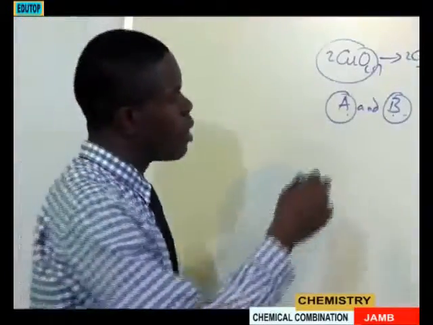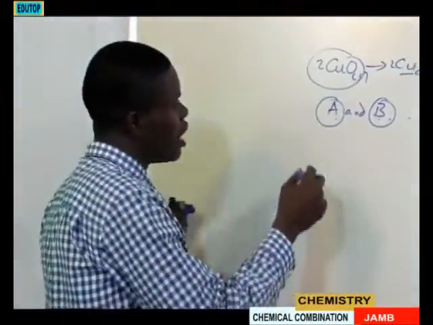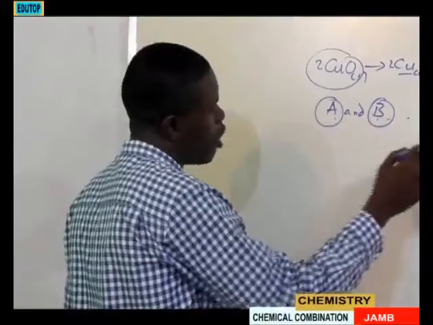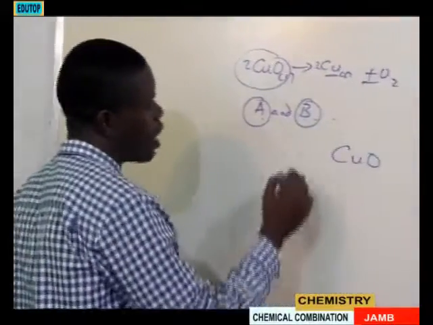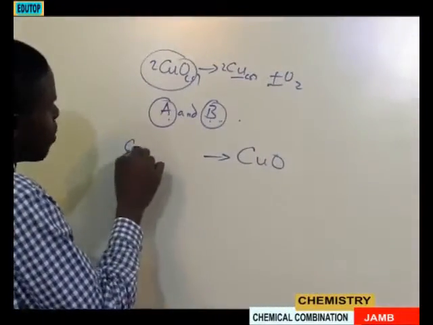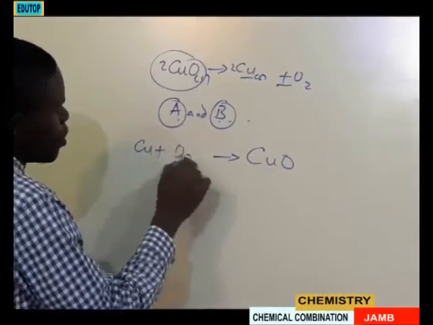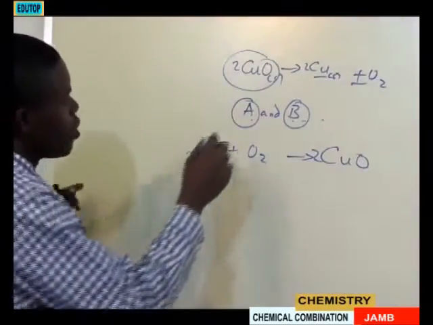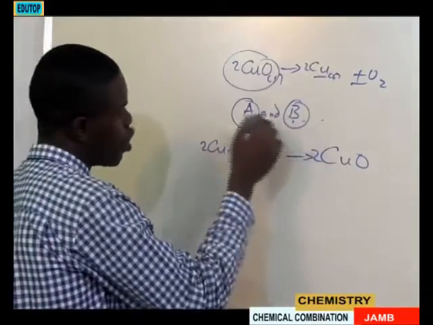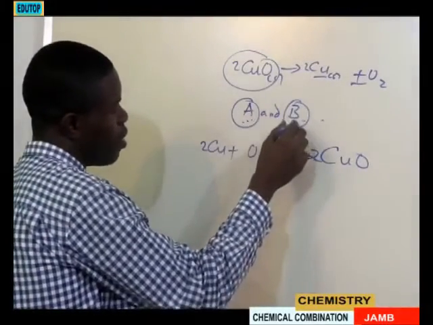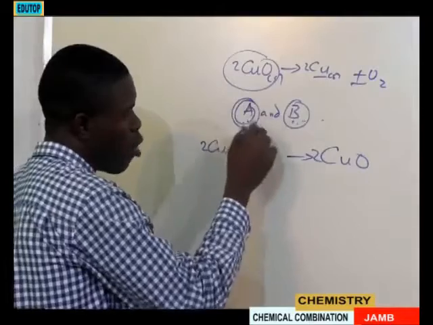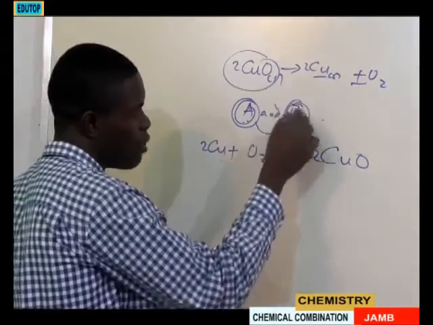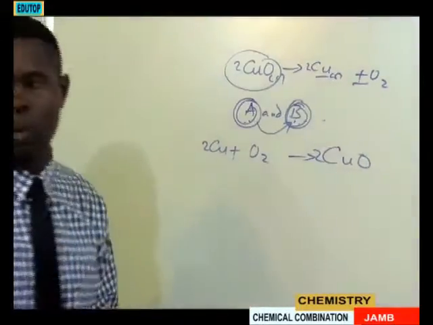A typical example is copper(II) oxide, which must definitely be coming from copper and what? Oxygen. So you see that when you have two substances, the various masses of this that combine separately with a fixed mass of this are in simple multiple ratio.